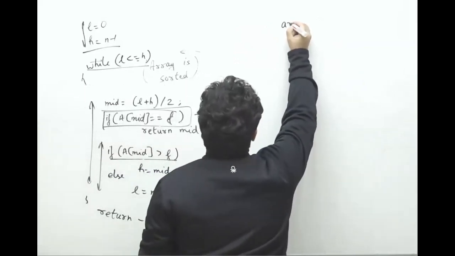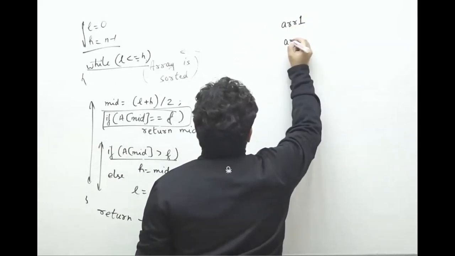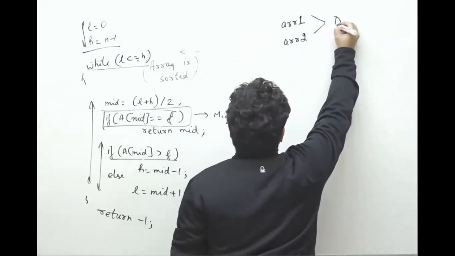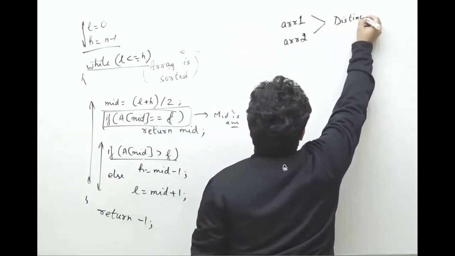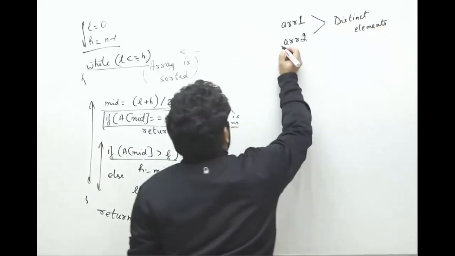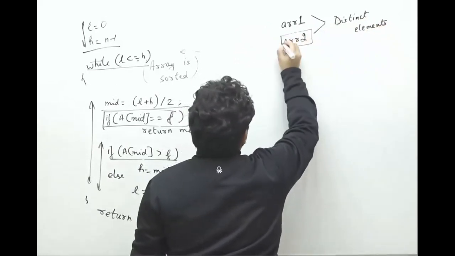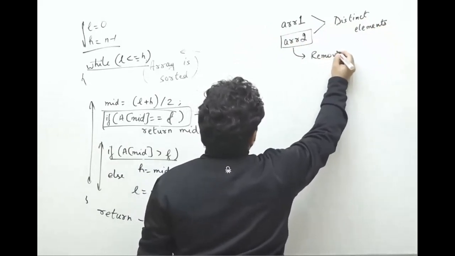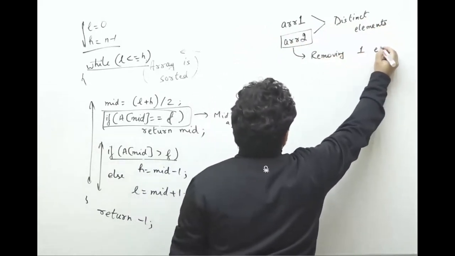Let's say we are given two arrays, array 1 and array 2, with distinct elements. And we also know that array 2 is formed by removing exactly one element from array 1.